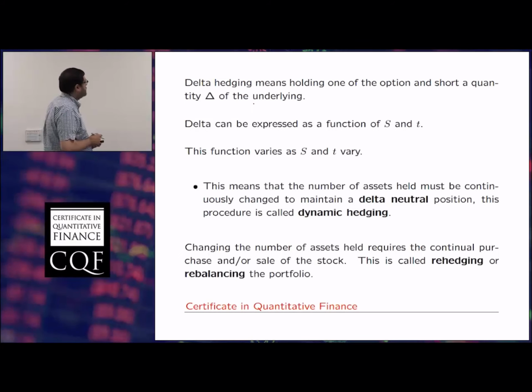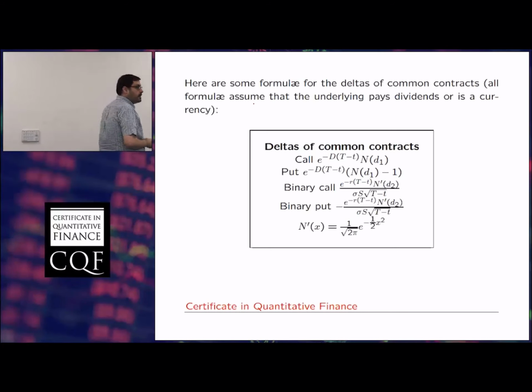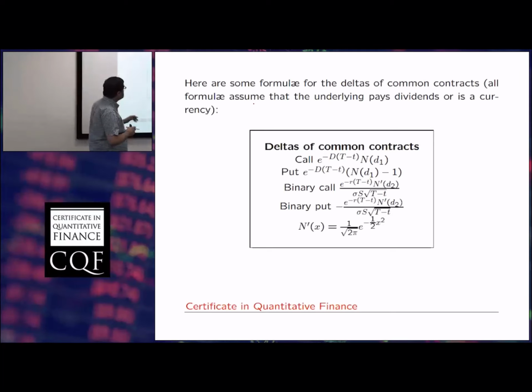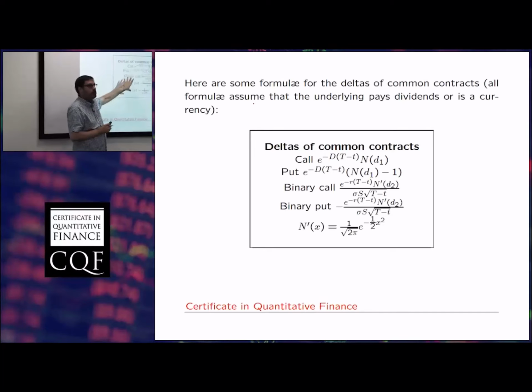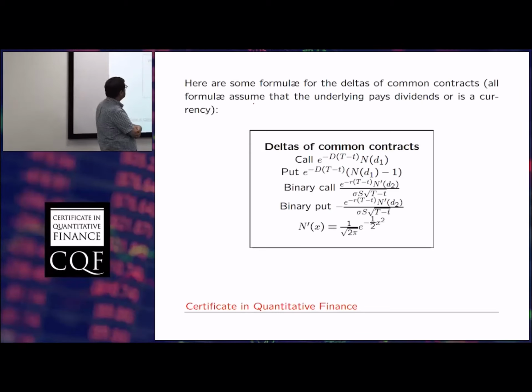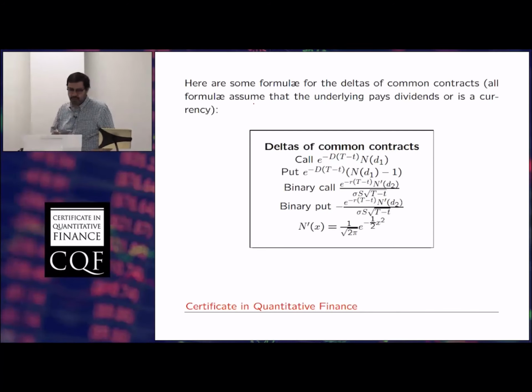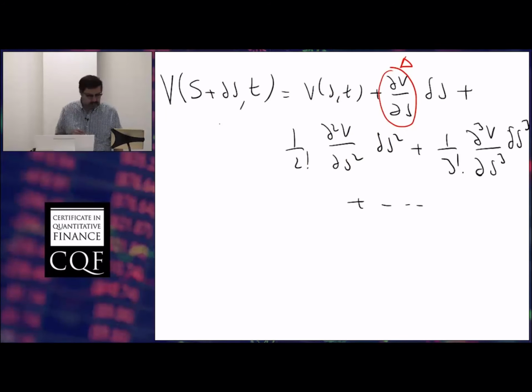Okay, so that's delta. What you can do for practice, and I think there is a problem in the exercise sheet, is you know what the Black-Scholes formulas are for these plain vanillas and also the binaries. Try calculating some of these. Now let me just start you off on the very first one, the call option, because there is a trick involved here, that is the chain rule.